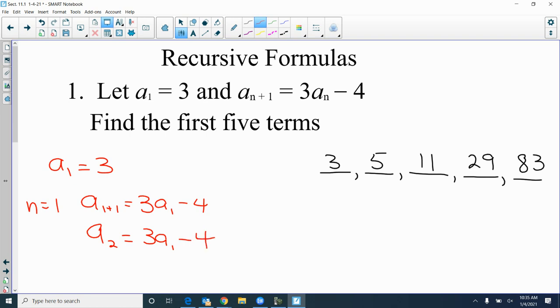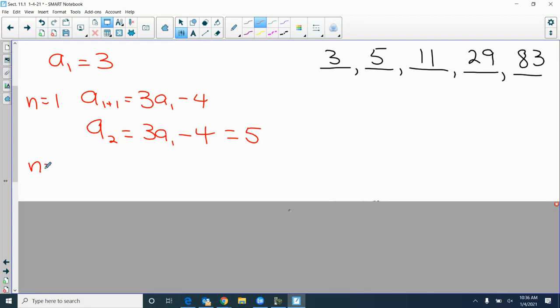First term we know is 3. So that's how we get the 5. To get the third term, actually let n equal 2. So the third term is going to be 3 times the second term minus 4. And what was our second term? 5. That's where you get 11. So that's kind of how a recursive formula works. You got to know the first term. They tell you that's 3. Now we just keep substituting in to get the next term. So that's 3, 5, 11, 29, and 83.